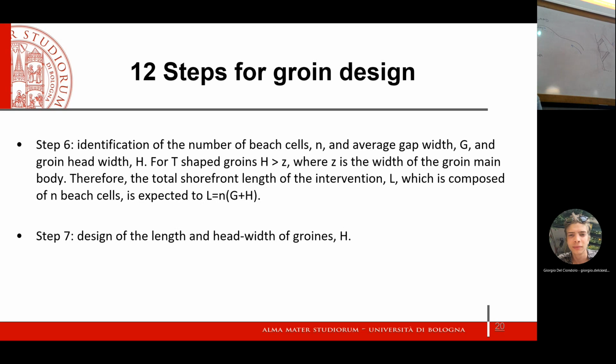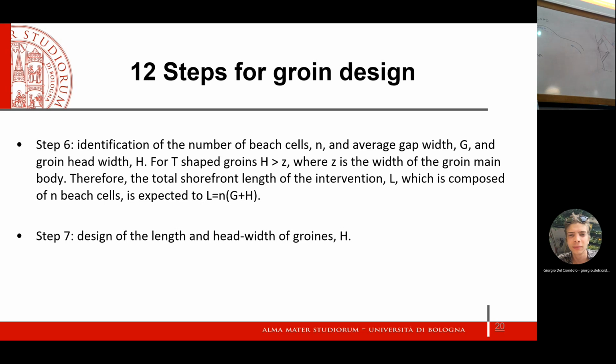The total shore front length of the intervention, we call it L, which is composed by N cells, is then given by the expression that you can see here. So if I multiply the number N of cells by the sum of G plus H, where H is the width of the head of the groin, of the T shape, I obtain the total length L. This is very simple.